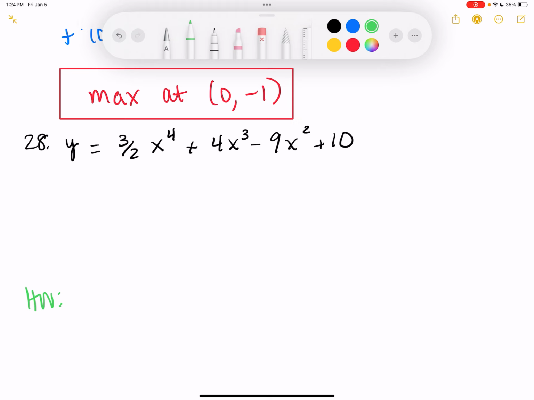Okay. 1 through 9 odd, and 11, 17, 19, 25, and 27.